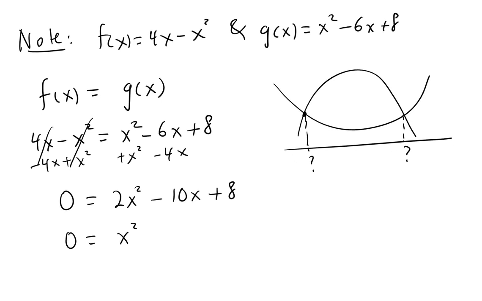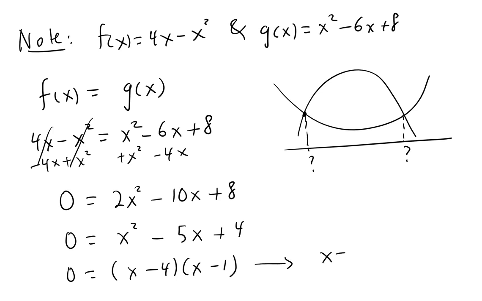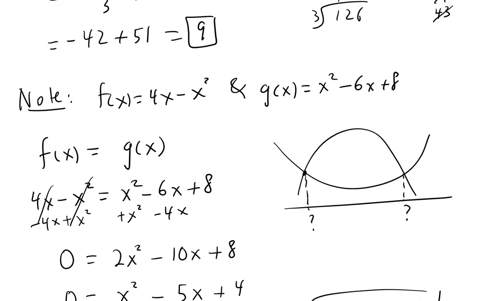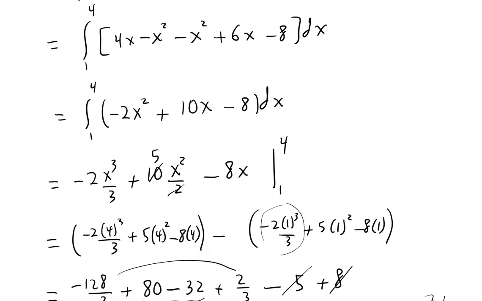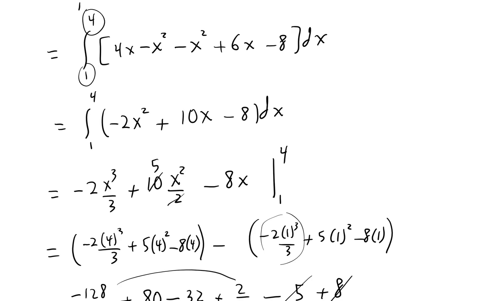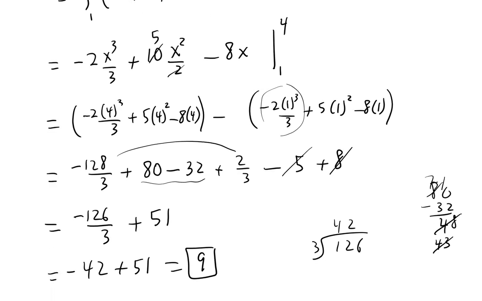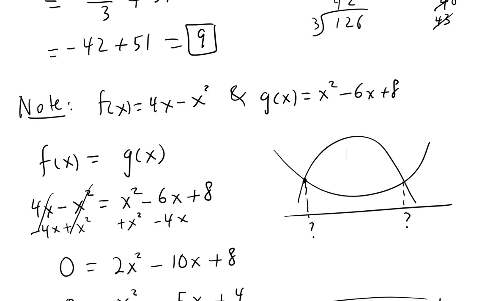Divide everything by 2 to make the numbers smaller. Now it's factorable. It's x minus 4, x minus 1. From here you see x equals 1 and x equals 4. See, that's what was the setup for this. From x equals 1 to x equals 4. So that is an important part to learn.